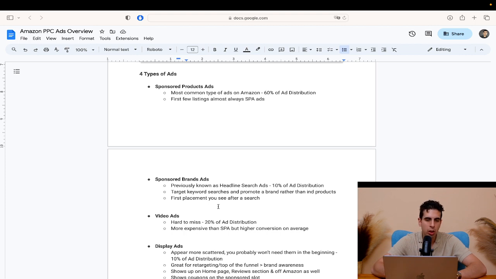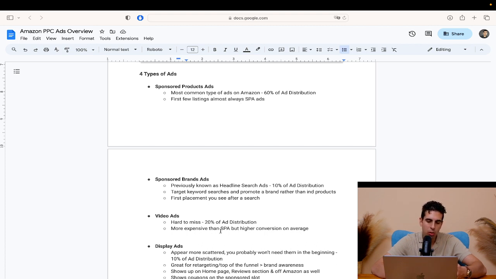But obviously, with time, Amazon makes it more competitive, and now you see multiple slots coming in for video ads. Now, they're going to be typically more expensive than sponsored product ads, but they also have a higher conversion rate just because you can preview what the product is, what the benefits are just from the video, and then when you go onto the listing, when you click on it, you have a lot more conviction as a buyer. So the conversions usually tend to be higher on average than sponsored product ads.